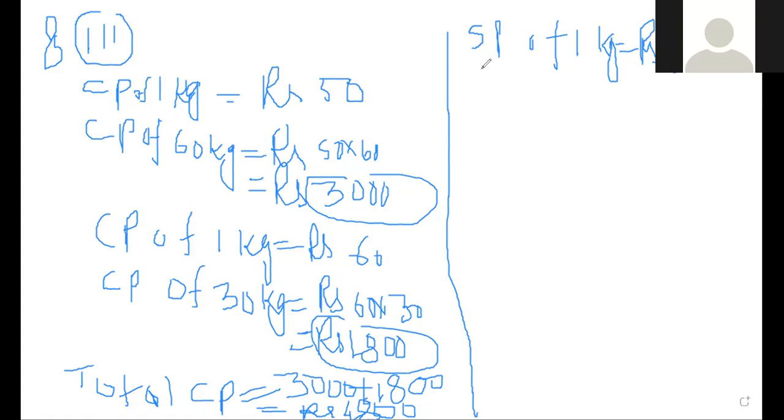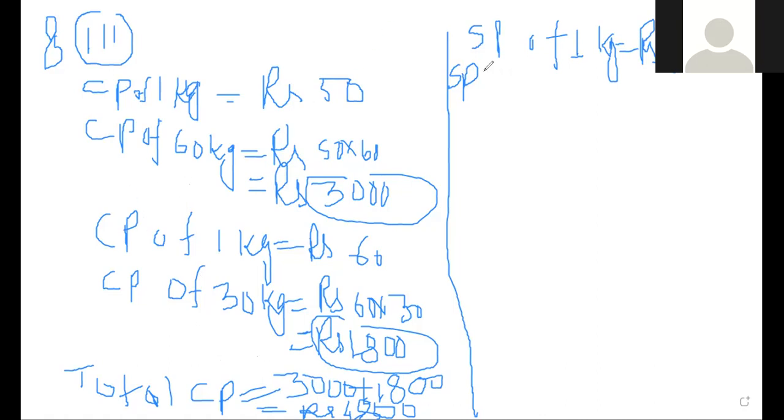SP of 1 kg mixer is 58. What is the SP of the total mixer?